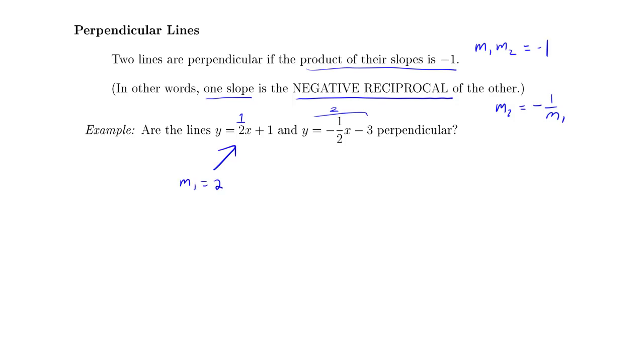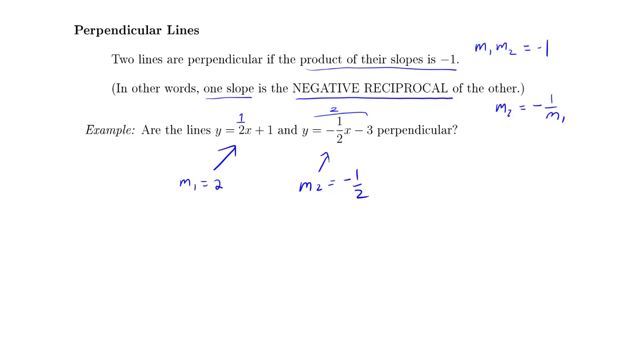Again, easy because it's in slope-intercept form. The second one is actually also in slope-intercept form, and I can pick out that m2 is negative 1/2.